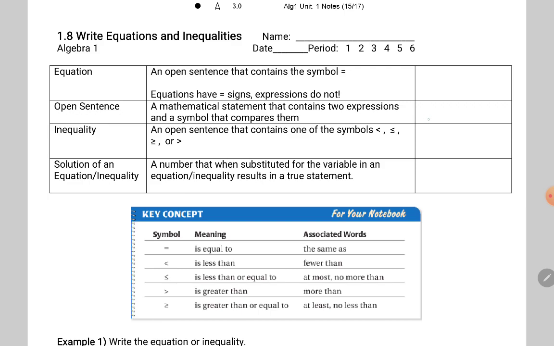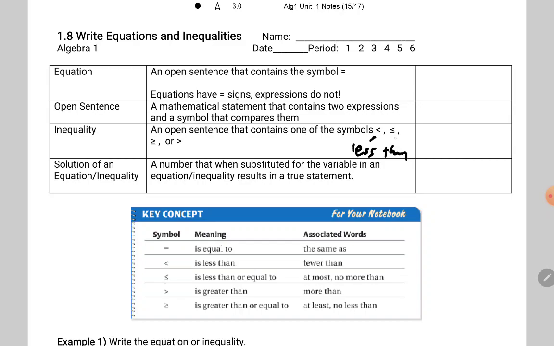An open sentence is a mathematical statement that contains two expressions and a symbol that compares them. So we have symbols like less than, less than or equal to. Hopefully you remember these signs, the crocodile.